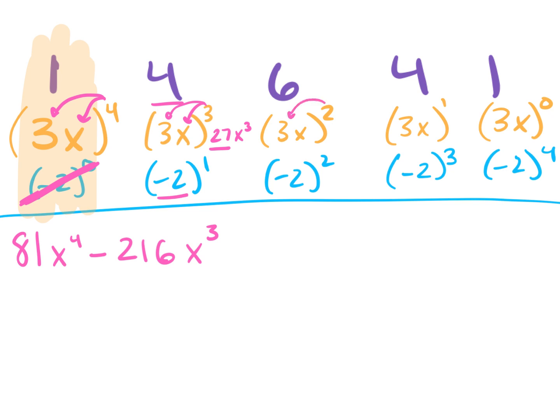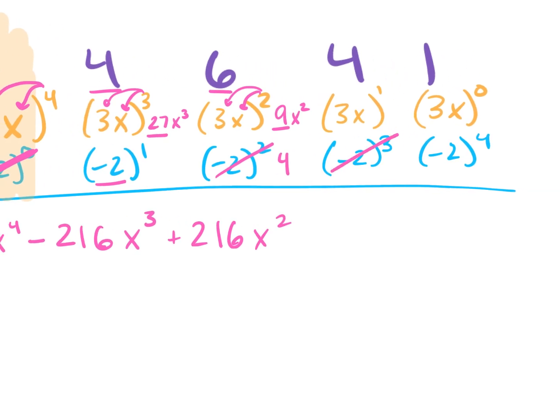Same thing with the next one. I need to distribute the 2 to the 3 and the x, so it would be 9x to the 2nd power. So we have to multiply 6 times 9 times here, 2 to the 2nd power would be 4. So 6 times 9 times 4 would be positive 216x to the 2nd power.